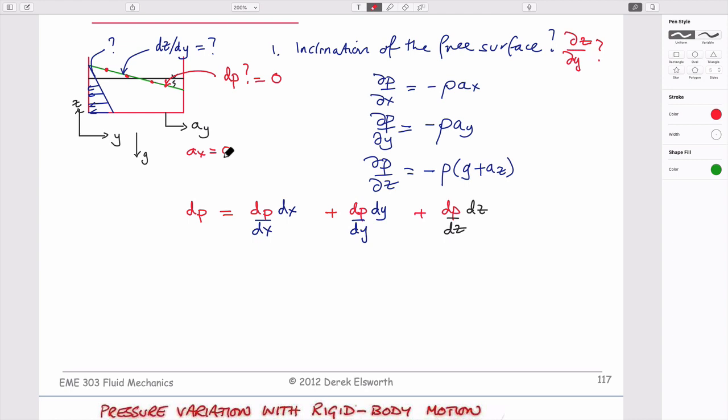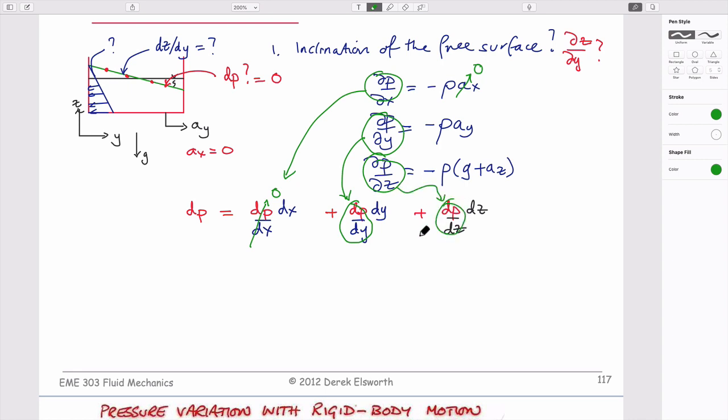And so if that's the case, then let's use a different color. This, by definition, is 0, because this is 0, and therefore this is 0. This term here, dP dy, is this, which is not 0. And this term here, dP dz, is this term here.